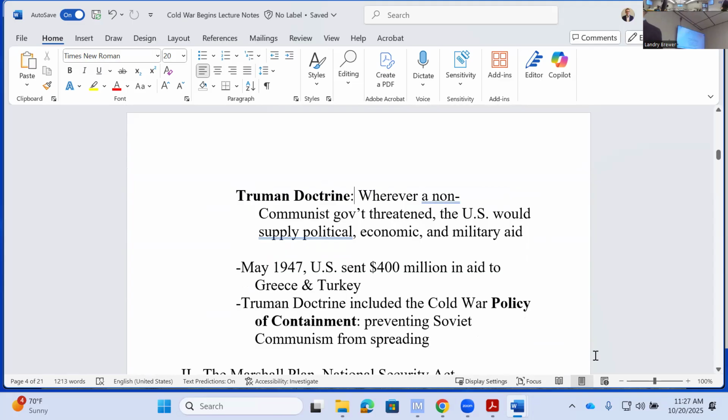The Truman Doctrine was this: wherever a non-communist government was threatened by communism, by takeover, by subjugation, the United States would supply political, economic, and, if necessary, military aid.